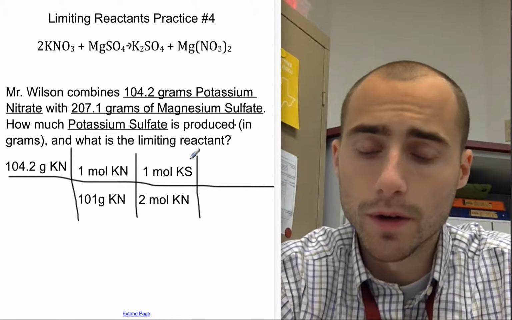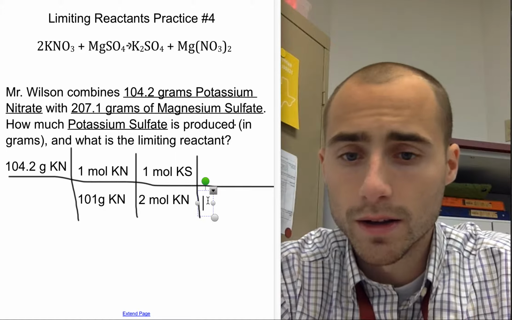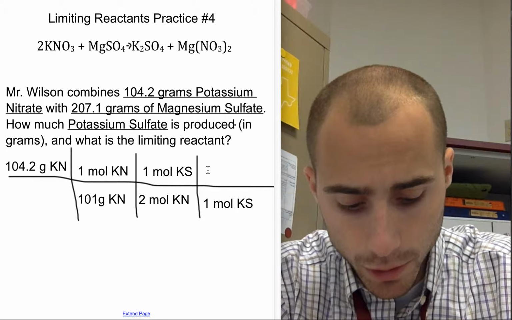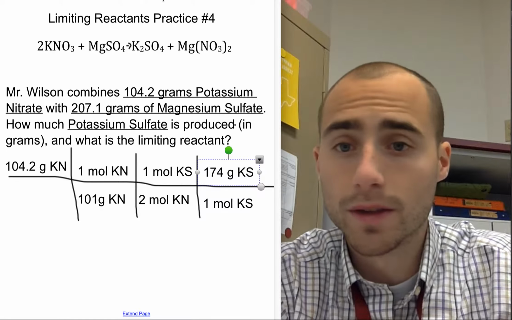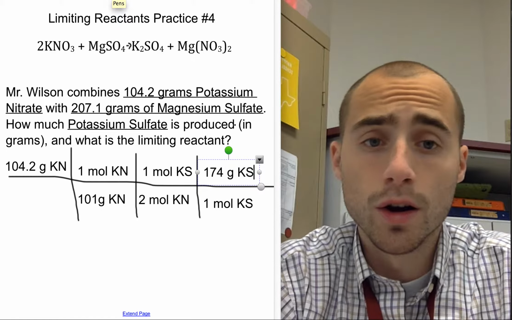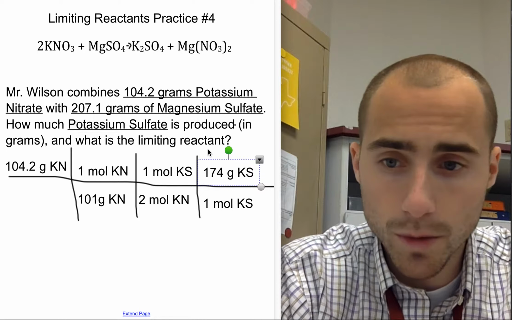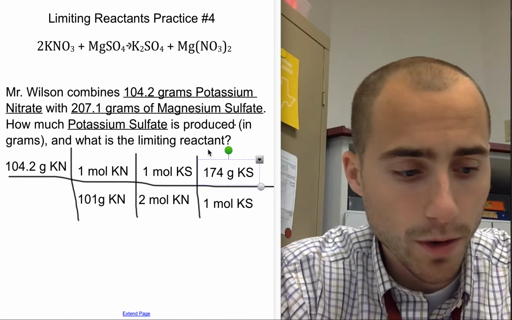Now we have to convert from our mole ratio into grams of potassium sulfate. So we have 1 mole of potassium sulfate is equal to 174 grams of potassium sulfate. So that is a large polyatomic ion. We then multiply straight across, so we get 104.2 multiplied by 174.